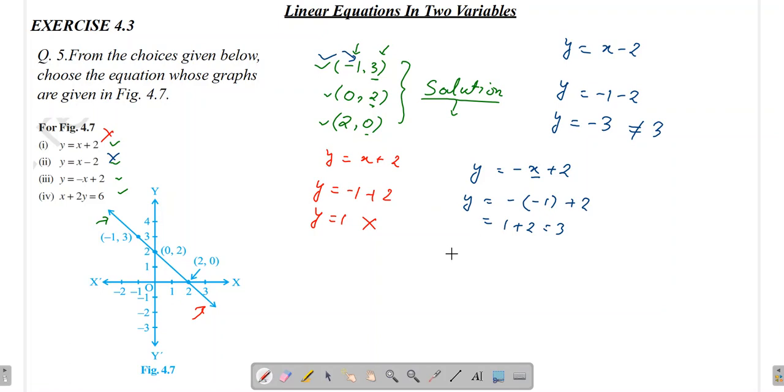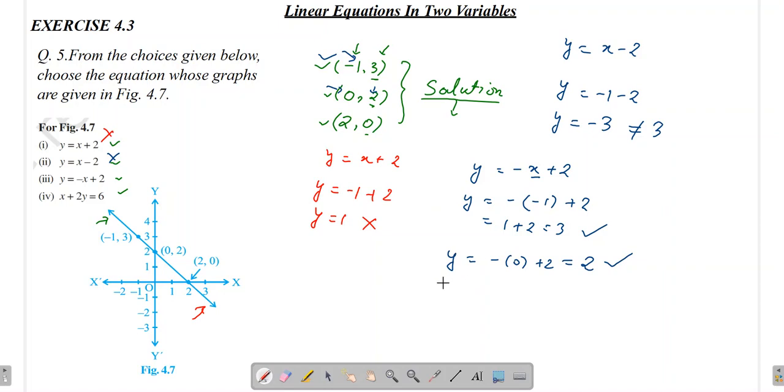So let's put the another value of x, that is 0. So if I'll put x is equals to 0, so I'll be getting minus times 0 plus 2, which is giving you 2. So once again by putting x as 0, we have got y as 2. So the second point is also satisfied, first point is also satisfied. Now the third, 2 comma 0.